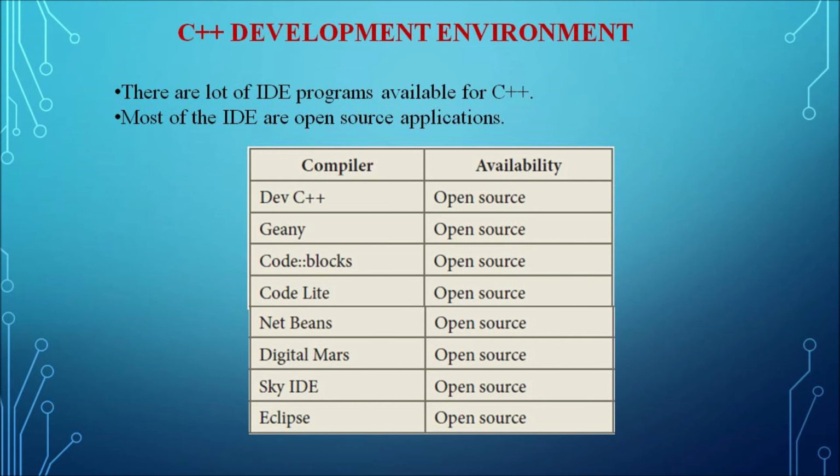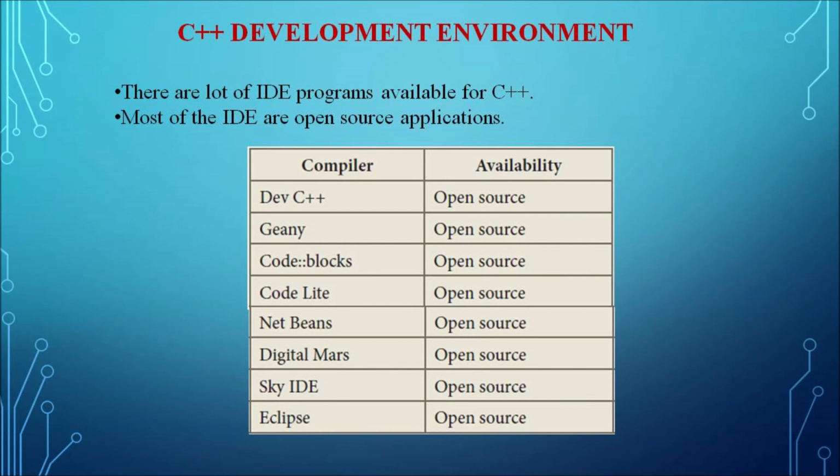That is the main advantage of the IDE. Most of the IDEs are open source. Open source means the software is available free of cost and the user can edit or change the appearance of the IDE. That is the main advantage of open source IDEs.